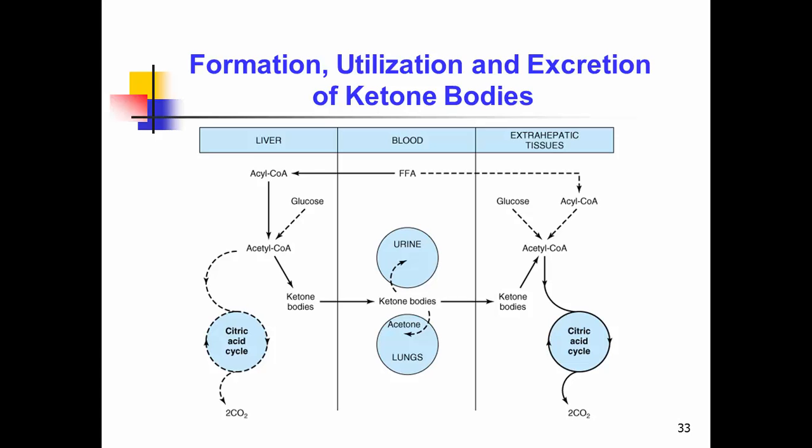Once ketone bodies enter these tissues, they first need to be converted back to acetyl-CoA through multiple reactions, which we'll talk about on the next slide. Acetyl-CoA then enters the TCA cycle for ATP production, involving the electron transport chain. So this is the whole process of ketogenesis, as well as the utilization of ketone bodies.